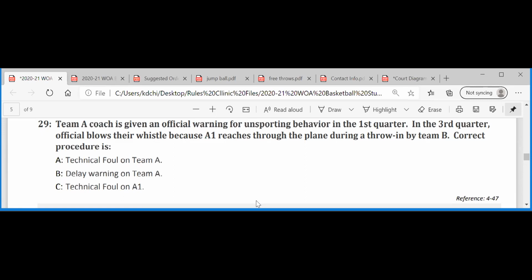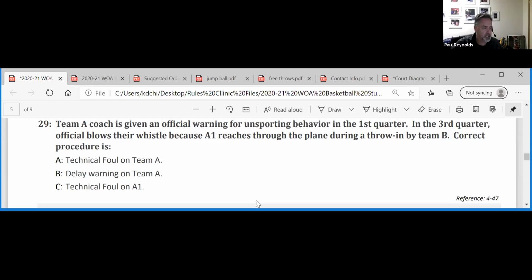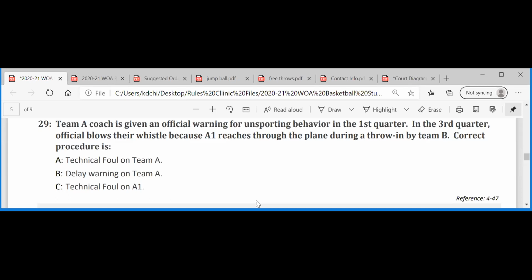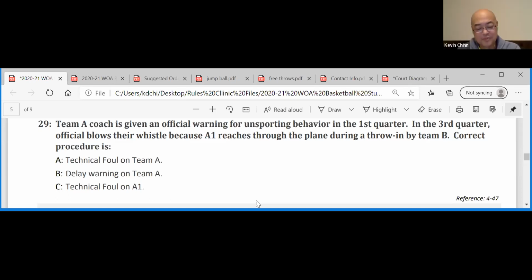How many delay of game warnings do you get per game, per team? I would say one, then the second one's a technical. You don't get one per half? Don't know. Never done a game. That's fair. Yeah, you only get one delay of game warning per game, per team.